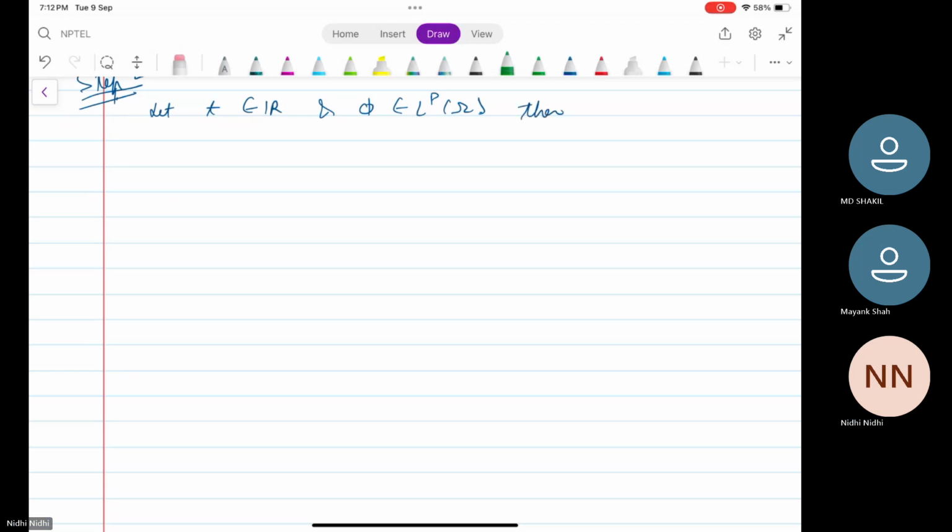Then the limit as t tends to 0 of the norm of Gu plus t phi minus Gu upon t, minus ku phi. So we need to see that this is equal to 0.